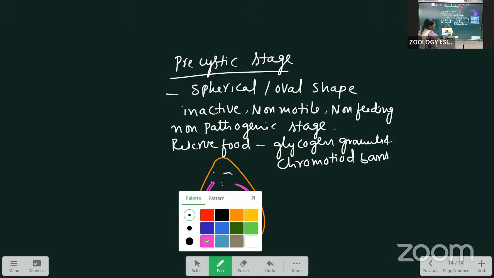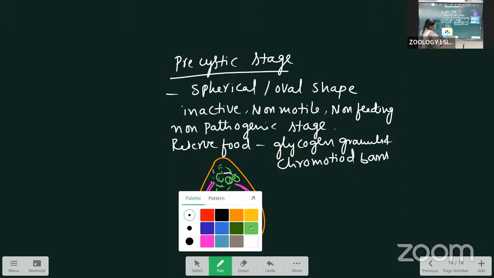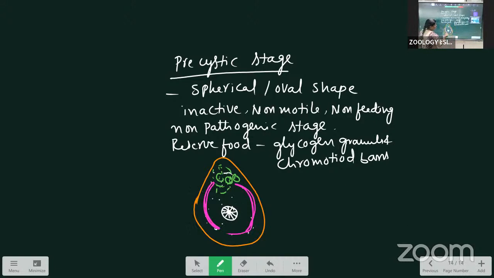And also glycogen granules are present. Glycogen granules, and cartwheel shape nucleus.